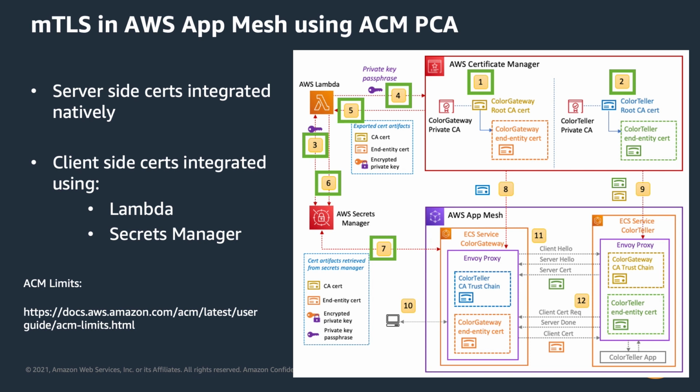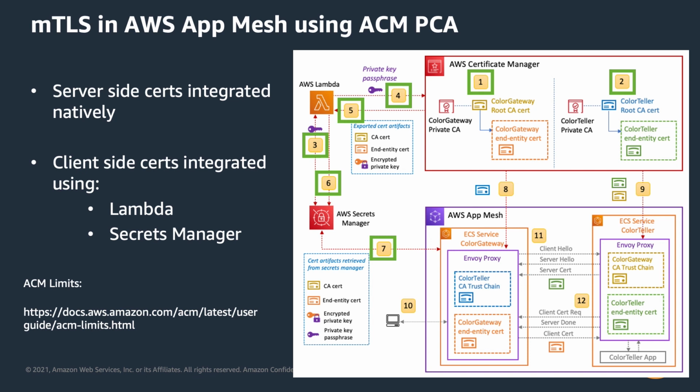Now, one thing to note here is that ACM has certain rate limits on how many export certificate API calls it can accept. That number is 5 transactions per second. So ACM can accept 5 transactions per second export certificate calls.